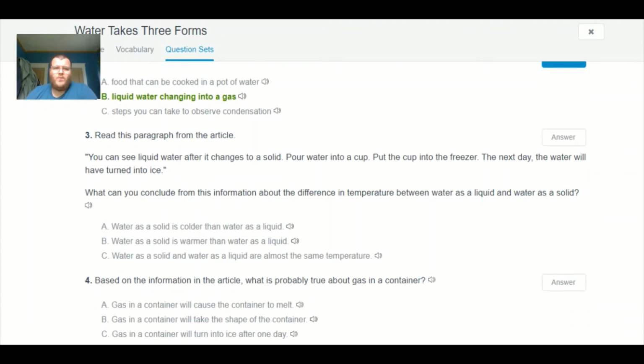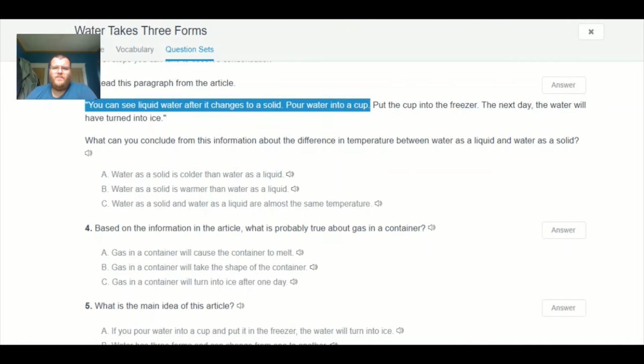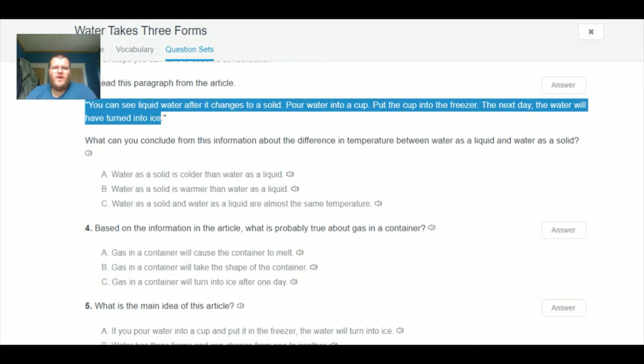Number 3, read this paragraph from the article. You can see liquid water after it changes to a solid. Pour water into a cup. Put the cup into the freezer. The next day, the water will have turned into ice. What can you conclude from this information about the difference in temperature between water as a liquid and water as a solid?